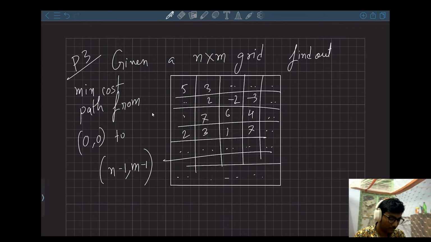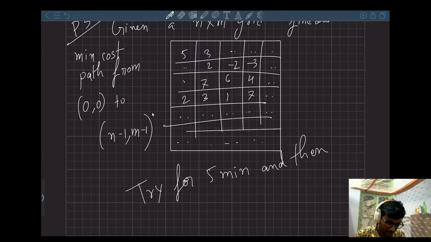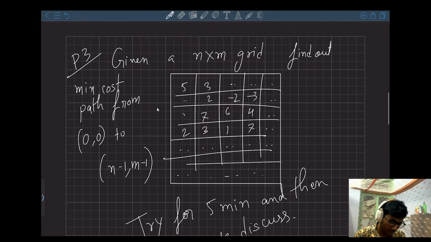So try to solve this problem. I think my previous lectures of DP Grind 1.3 should help. Try for 5 minutes, and then we discuss.